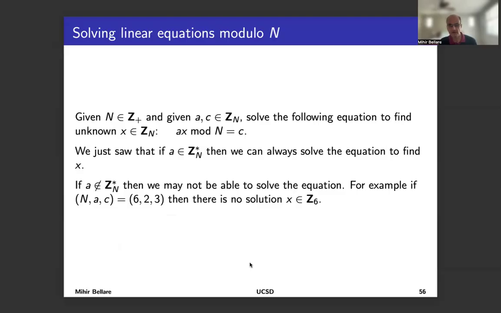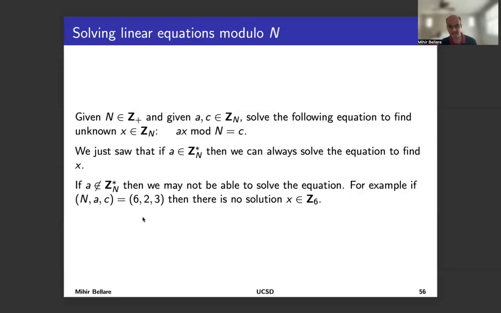If you're curious about these linear equations, one might note that you can't always solve them. What we saw did require a condition that a is in Zn star, not just in Zn, meaning a must have no common divisor with n to apply the prior method. Was that restriction necessary?